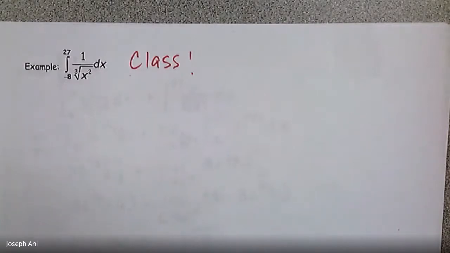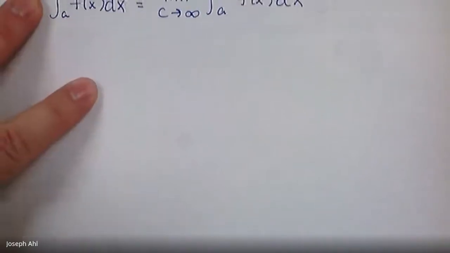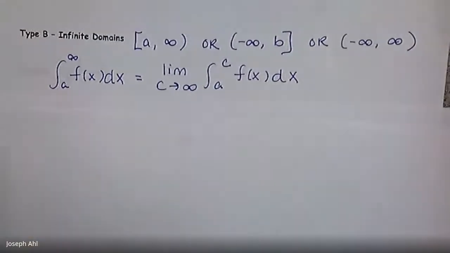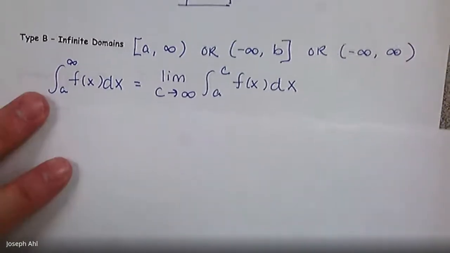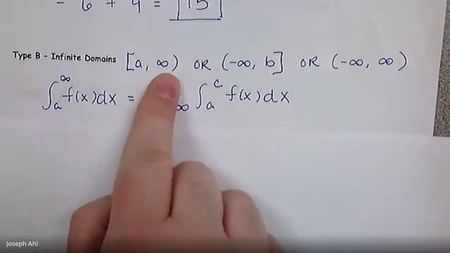All right, we are going to move on to type B though. Type B is what we talked about with the infinite domains. Okay, so for type B, here are the cases. Okay, so we're going to set up an integral from closed interval a to infinity or negative infinity to b, or we can actually go from negative infinity to infinity.